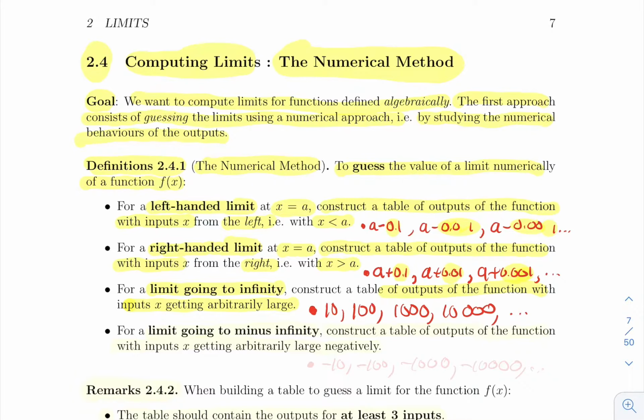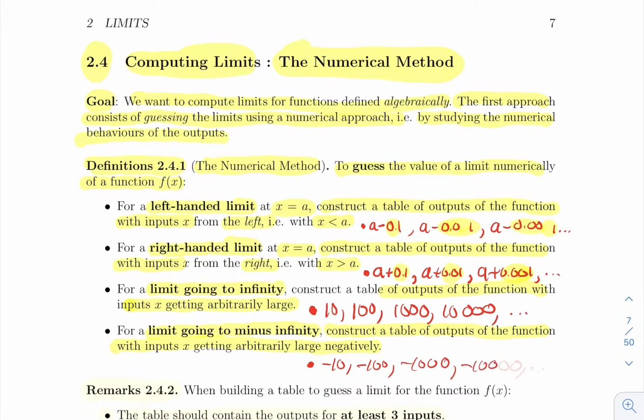So this will allow me to study the numerical behavior of your function for large positive inputs. For going to minus infinity, you construct a table of outputs with inputs that are getting arbitrarily large, negatively speaking. Sorry about that. So typically I'll be using minus 10, minus 100, minus 1,000. Of course, I'm assuming here these are in the domain. They will be typically.